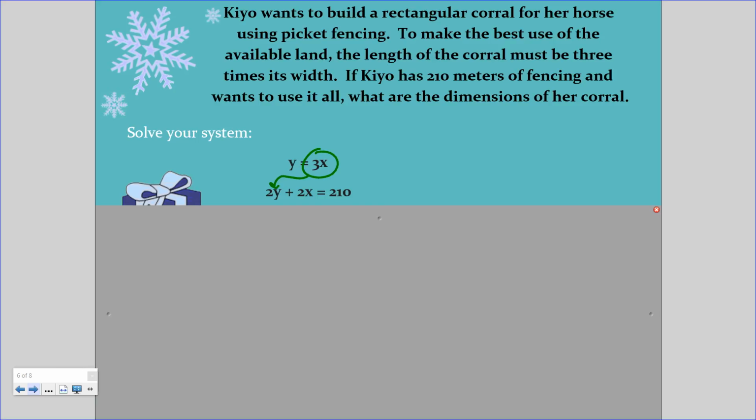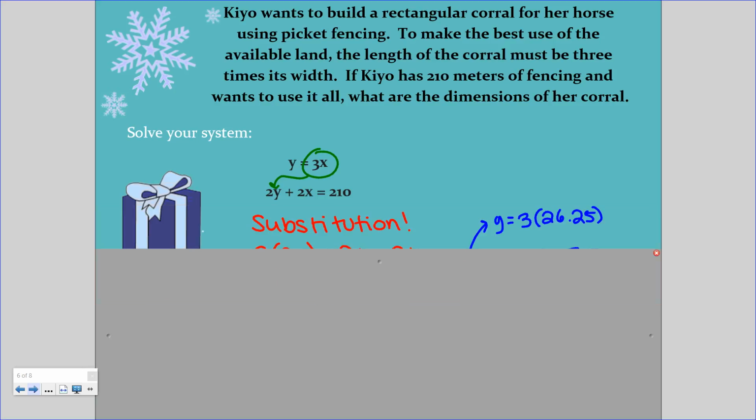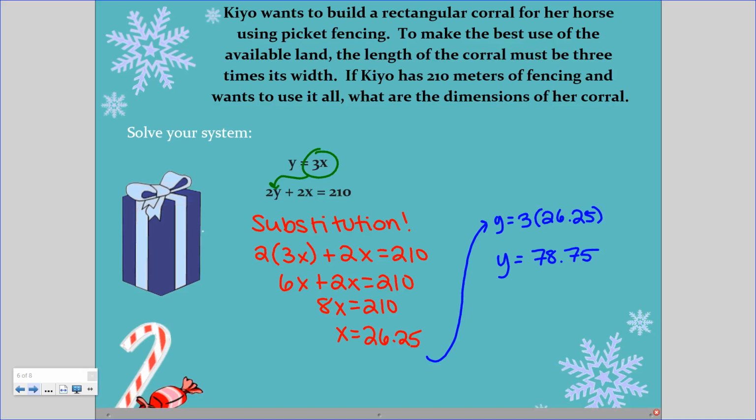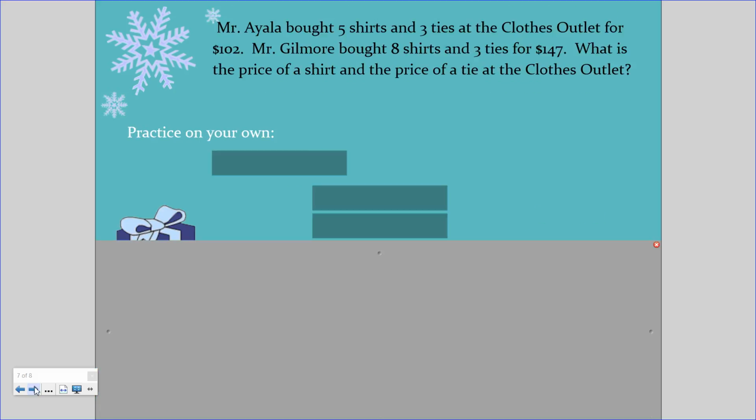So take a moment, click pause, solve the problem. We'll check our answers together. Okay, you have now solved, hopefully, and found the width to be 26¼ meters and the length to be 78¾ meters. And those are the dimensions of our corral.